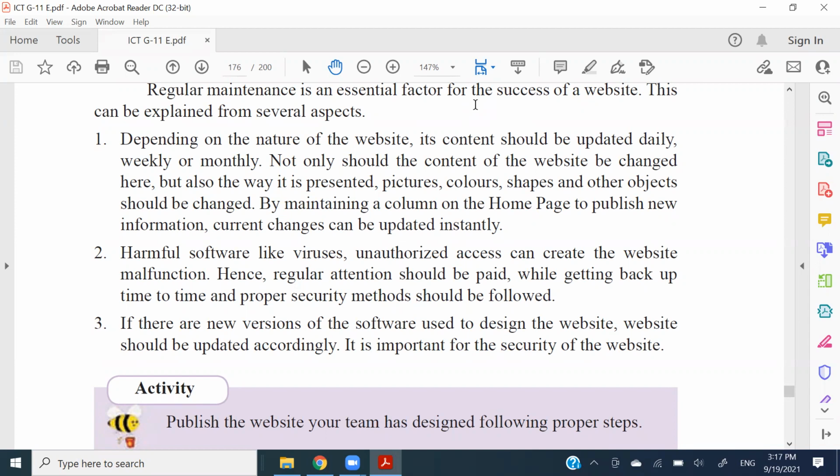If those can be integrated with new web software and new attractions, you have to go with those updates. Then only will the audience feel it is up to date.